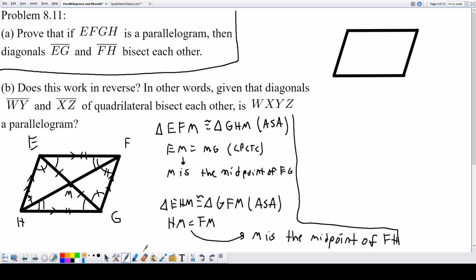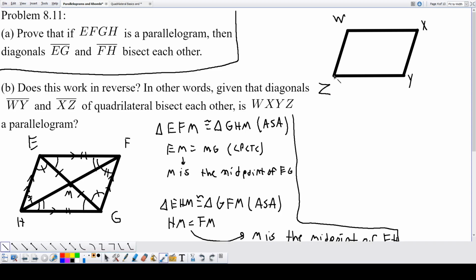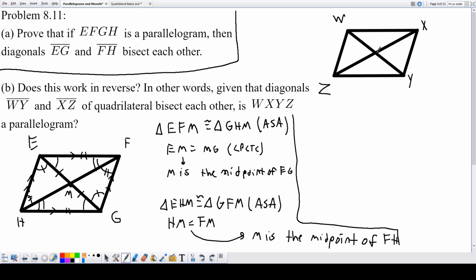We will label the points WXYZ. And let's draw the two diagonals. And say they meet at the point N. And N is going to be our midpoint, so WN and NY are the same, and ZN and NX are the same.